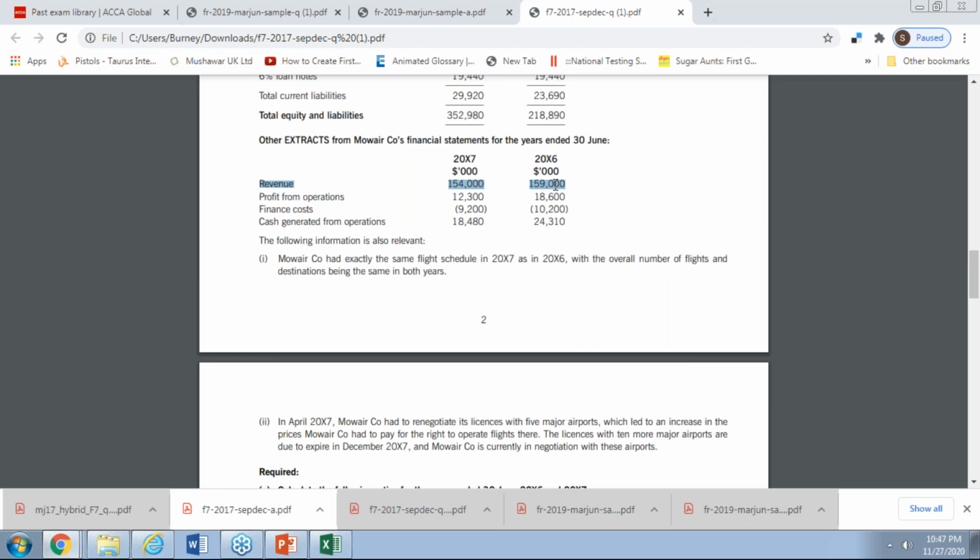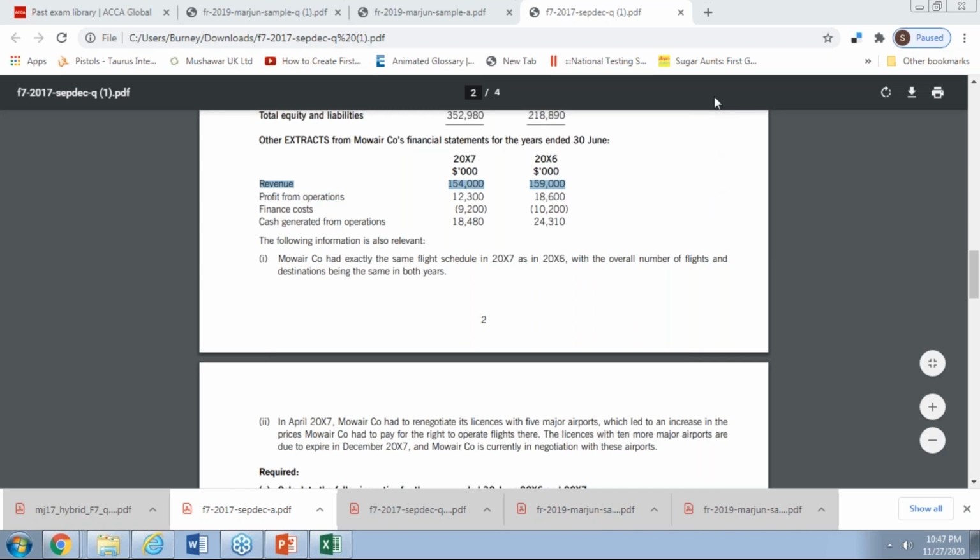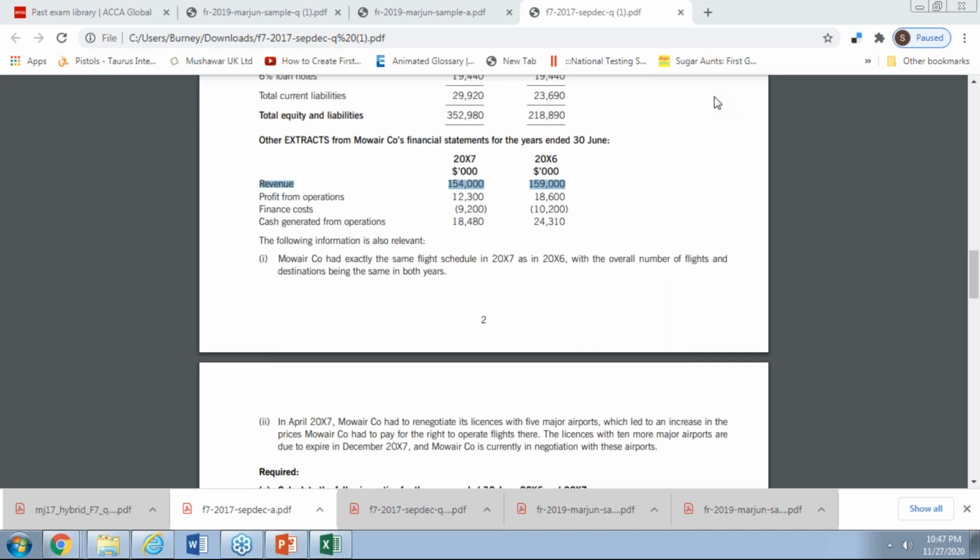So the possible reasons could be the low prices, very good. And also the low number of passengers, less number of passengers, very good. This is called commercial awareness. This is what the examiner wants from you guys.